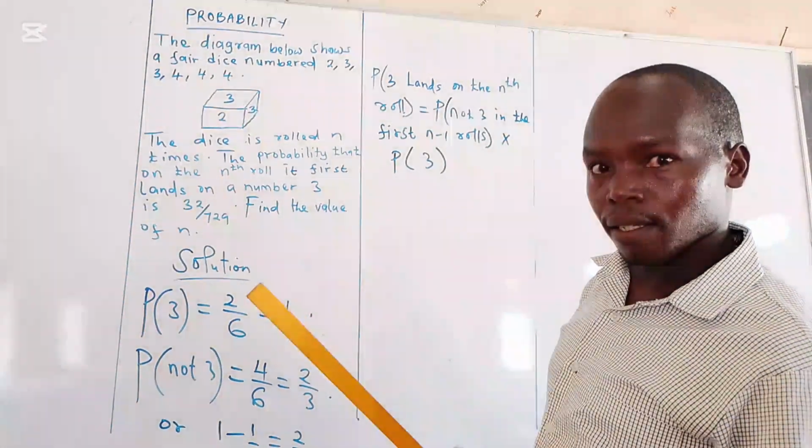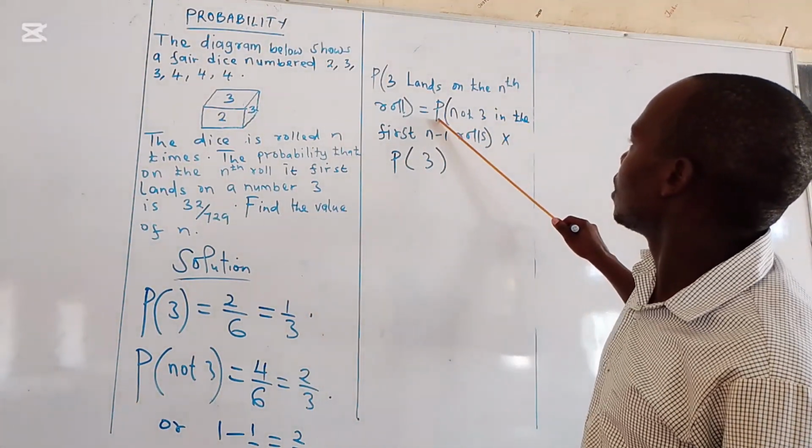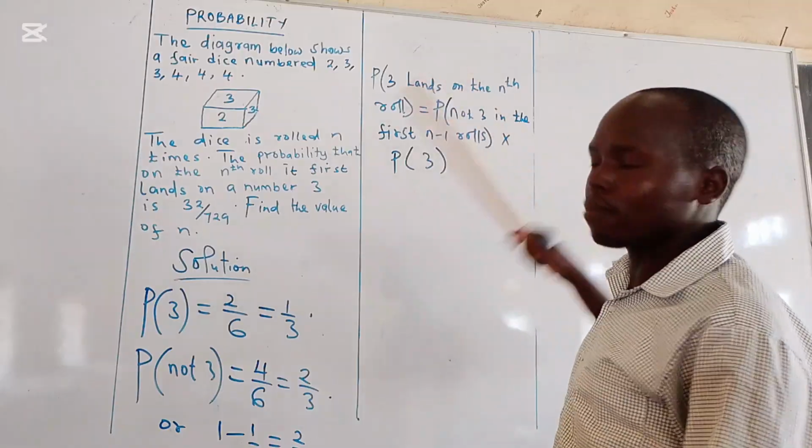The question is, how do we determine the probability that it is not 3 in the first n minus 1 rolls?